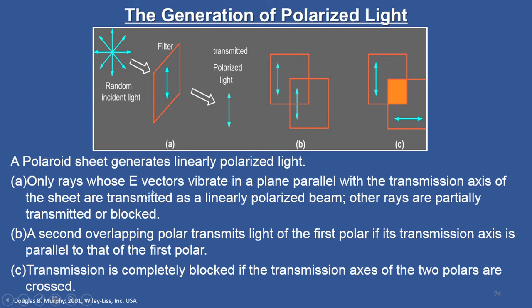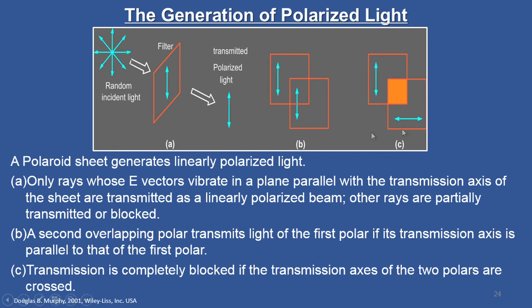The schematic B shows an overlapping polar transmits light of the first polar if its transmission axis is parallel to that of the first polar.